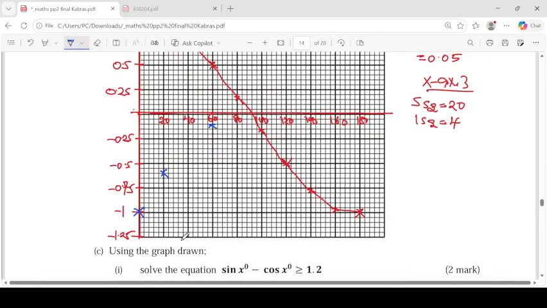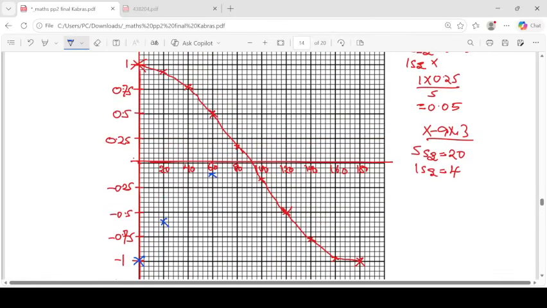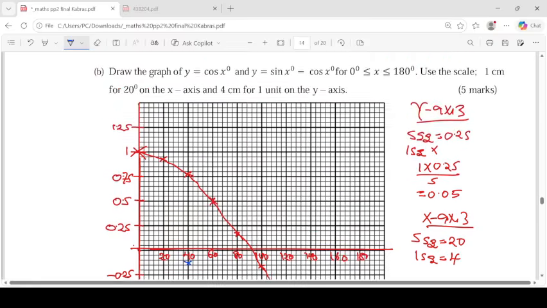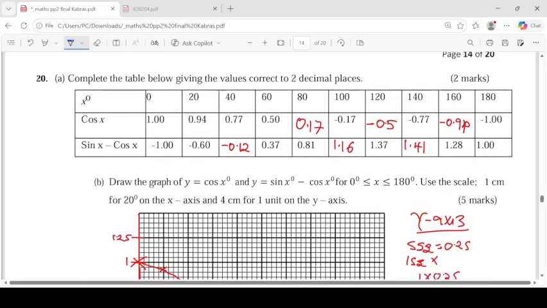That should have been at 40, 2.4. At 60, 0.37.